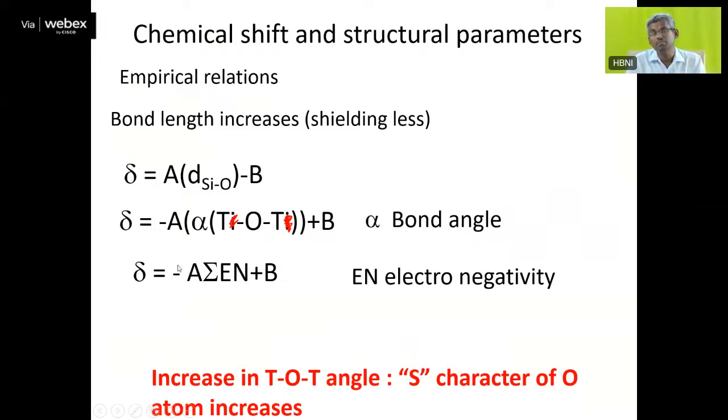I will give some typical examples. These first two expressions hold valid for many organic compounds and many silicate compounds. So with an increase in T-O-T angle, the s character of the oxygen atom increases. The moment the s character of the oxygen atom increases, the electrons are pulled towards the tetrahedral silicon, and as a result, silicon becomes more and more shielded.